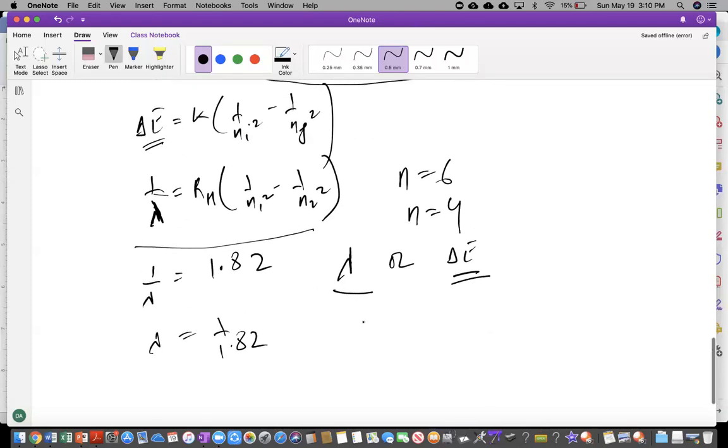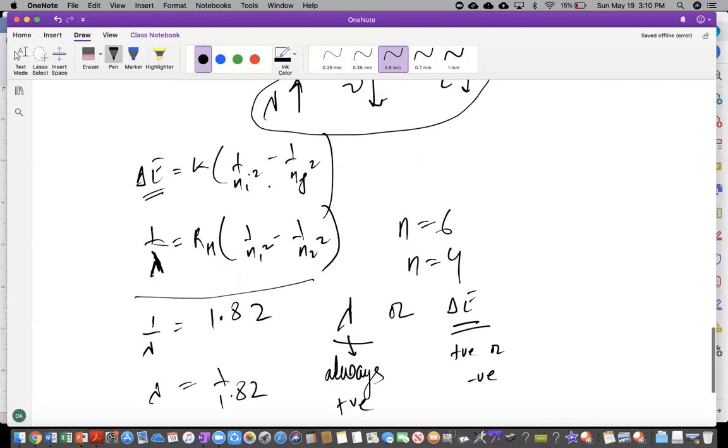Now also remember, lambda is always positive, whereas delta E can be positive or negative. You don't have to do anything; this equation will do it for you. If you follow that Ni is n initial and Nf is n final, you don't have to figure out positive or negative.